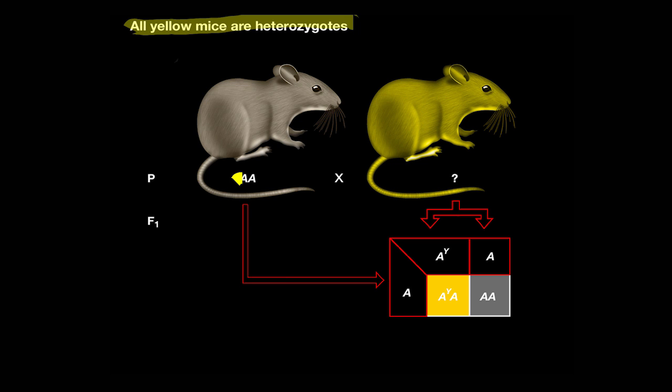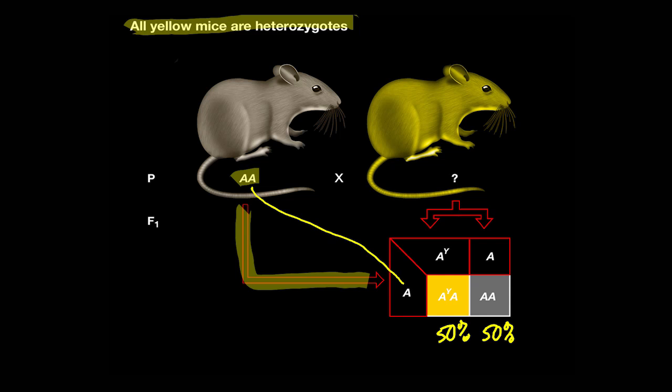So if they took a pure breeding agouti line like this and crossed it with the yellow mice, always what they saw was that you got 50% yellow and 50% agouti. We know that this parent can only contribute the big A allele, right?